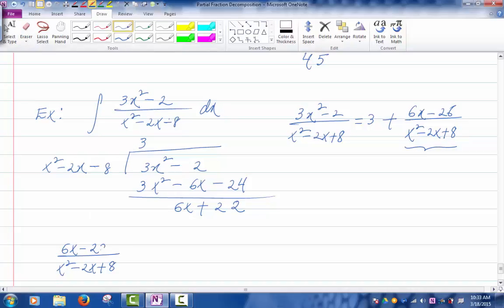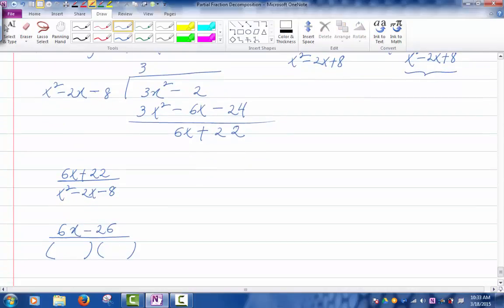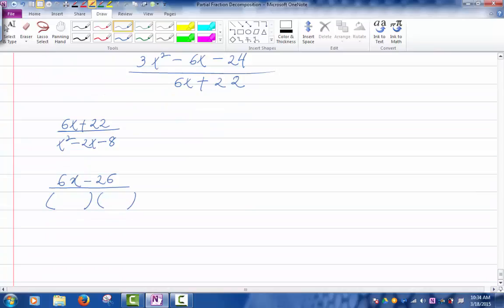So this is 22, 6x plus 22. This would be a negative. Now we can factor it, right? What am I going to get? x minus 4, x plus 2.